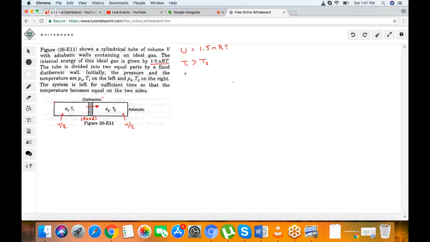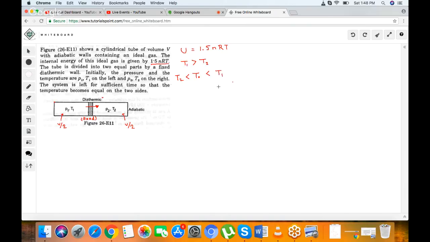So the common temperature reached will be in between T1 and T2, right? So let us say that the common temperature is T0. So T0 will be greater than T2 and less than T1.